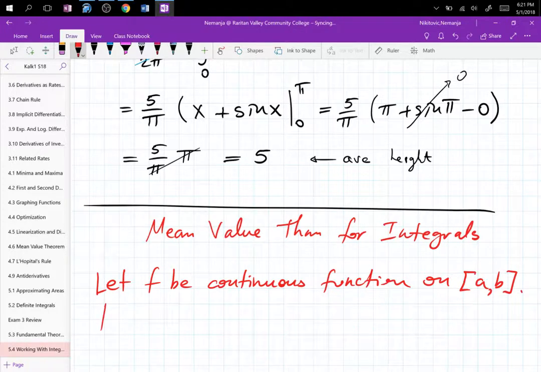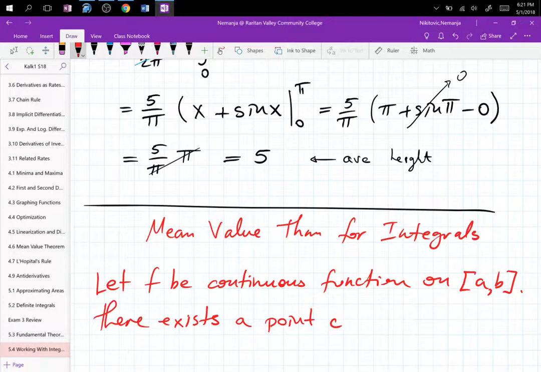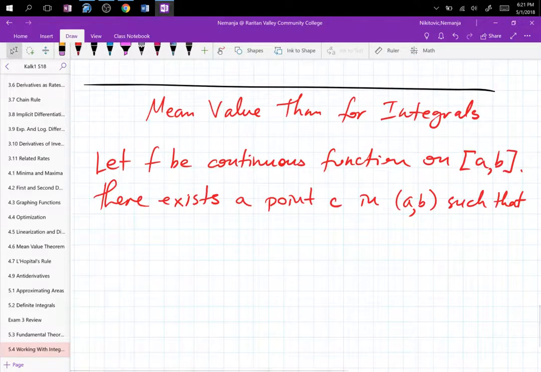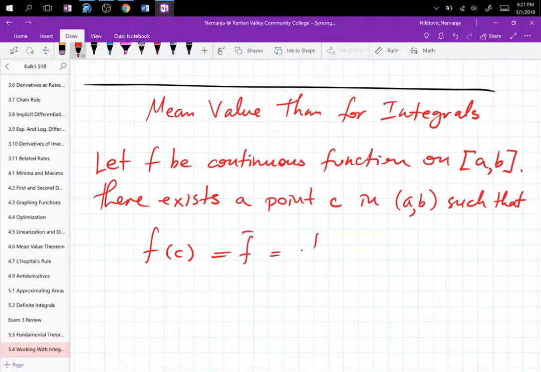There exists a point C in (a, b) such that f of C is equal to the average, which is 1 over b minus a, integral a to b of f of x dx.